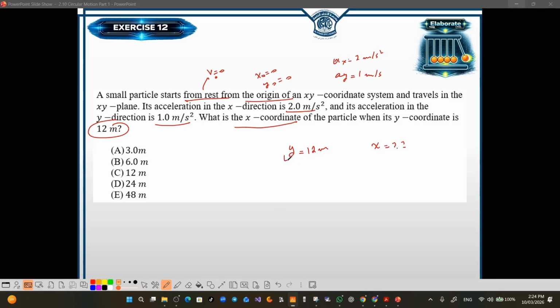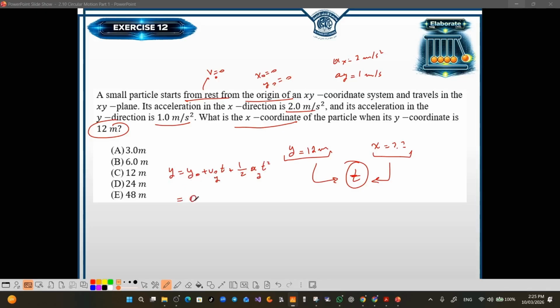We know that the linkage between the y and the x coordinate at a specific point is the time. So if I know the time, I can use it to predict the position along the x-axis. Let's find the time when the object has this coordinate, 12 meters. Now y is equal to y0 plus v0 t plus half a t squared.